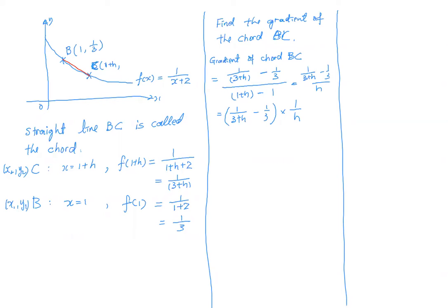So after you have written either this way or this way, your choice, then you simplify it further. So how to simplify this?